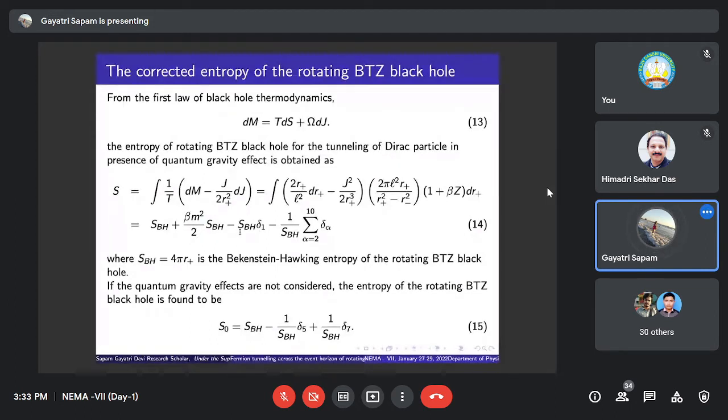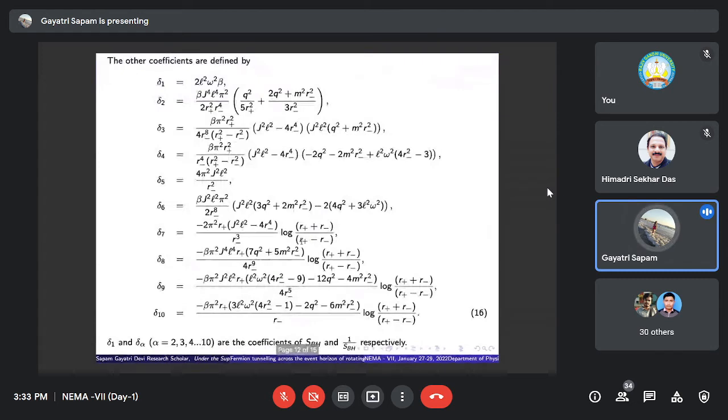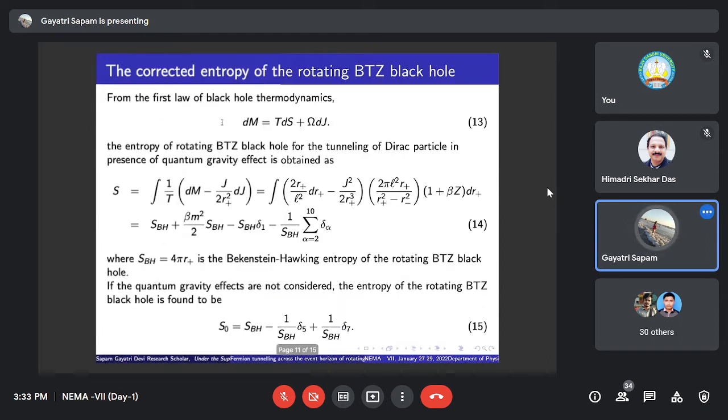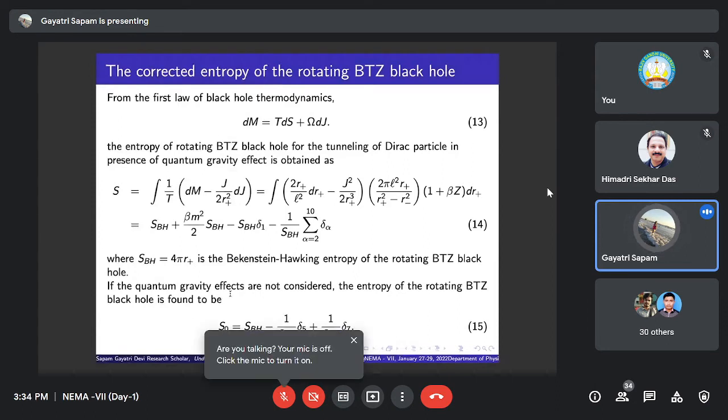These are the correction factors, and in all these correction factors there are beta terms everywhere. So when we put beta to be 0, the original Hawking temperature for the rotating BTZ black hole is recovered here. So when we put beta to be 0, we get the original one.